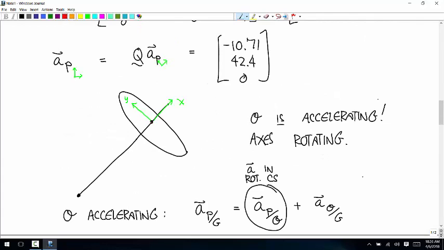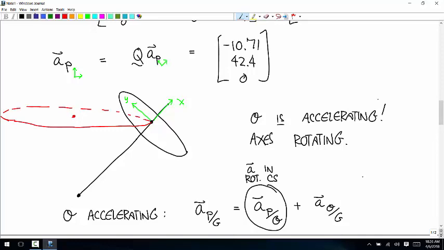Let me draw this circular motion. Okay, so there is the circular motion.